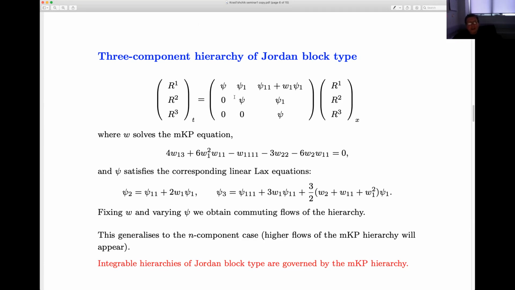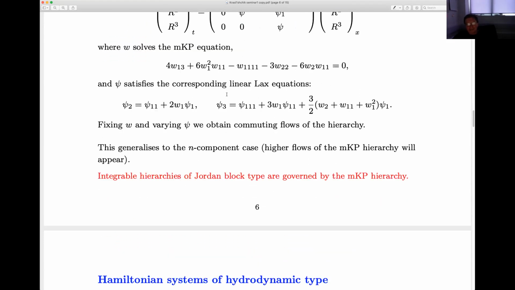So these generic systems of Jordan block type are not Hamiltonian, right? They're just not Hamiltonian. These systems that are Hamiltonian form a special kind of stratum, like a degenerate stratum. They're not generic. They correspond to systems where psi doesn't depend on R1, and such systems are not described by the MKP hierarchy, right? It's a different class of systems.